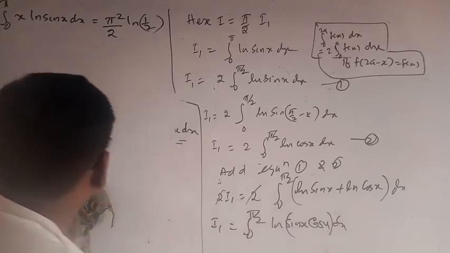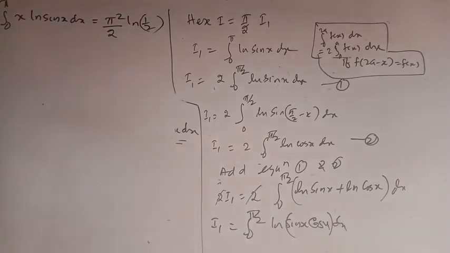Multiplying by 2 by 2, I1 is equal to the integral from 0 to pi by 2 of log of 2 sin x cos x by 2 dx. So I1 is equal to the integral from 0 to pi by 2 of log of sin 2x by 2 dx.